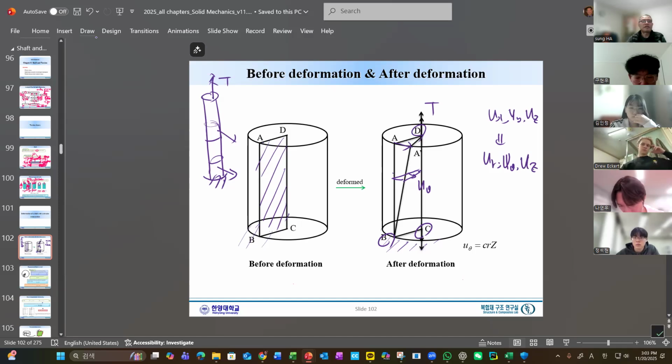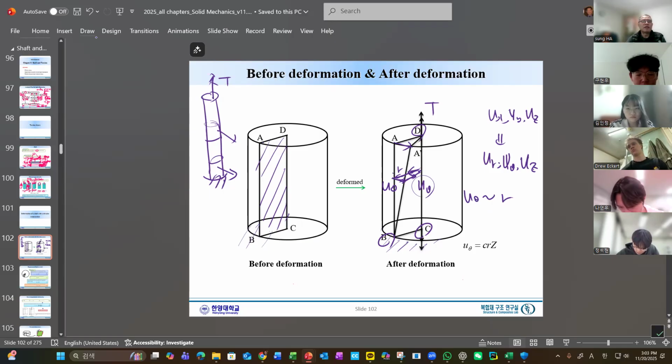Here, this is U theta. We don't have to derive that, but is U theta proportional to R? Yes, U theta is increasing. U theta is proportional to R, very obviously.